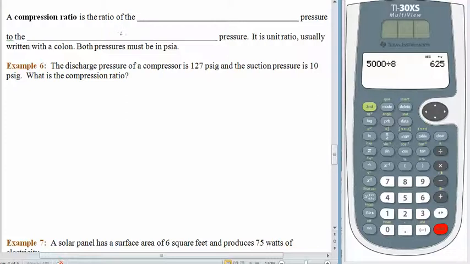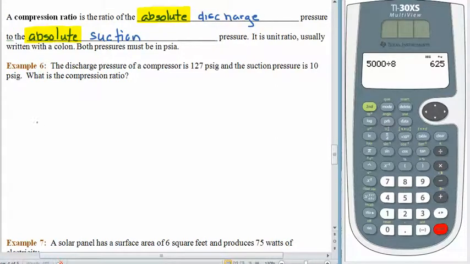Compression ratio is the ratio of the absolute discharge pressure as compared to the absolute suction pressure. This is one ratio that you will see almost always written with a colon. And we have to remember that these are in absolute terms, so maybe we'll highlight this, absolute, in both places.